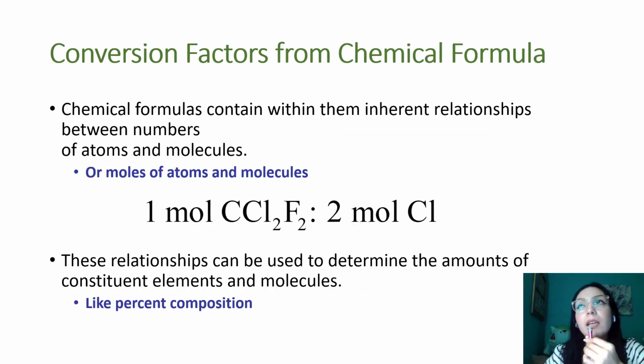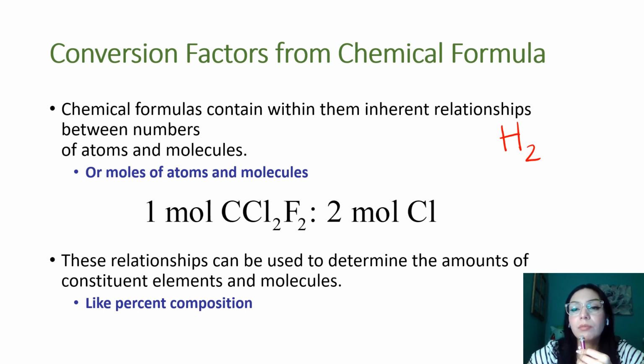So within any chemical formula, we can also actually extract some conversion factors from those formulas. So for example, let's say you have just a simple one, H2. In 1 mole, right, this is H2. This is a molecule.